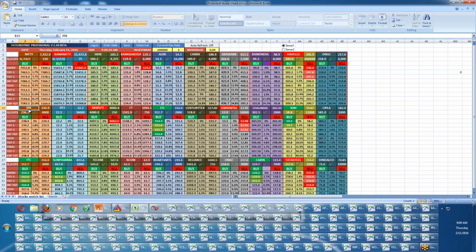In place of IRB, I'll type Tata Motors. IFCI, we will add ACC here. In place of Century Textiles, let's add Cipla.